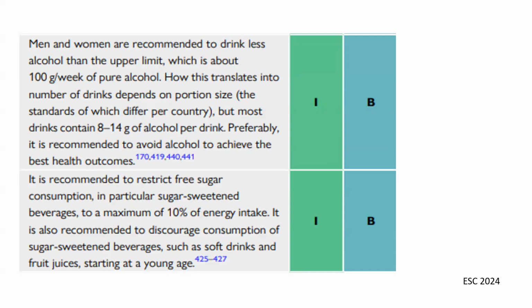Other than that, restriction of free sugar consumption and sugar sweetened beverages is recommended. And interestingly, intake of caffeine was not found to increase cardiovascular disease in patients with hypertension.